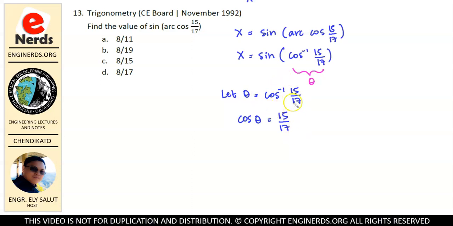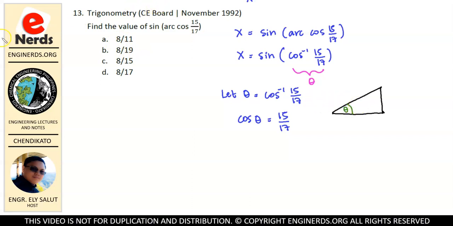Okay? So, alam na natin that cosine theta is equal to 15 over 17. And dahil mas madali na because naka-fraction yung given natin, so, we can draw a right triangle para mas ma-visualize natin yung condition natin, ano? So, let's say this is our angle theta.